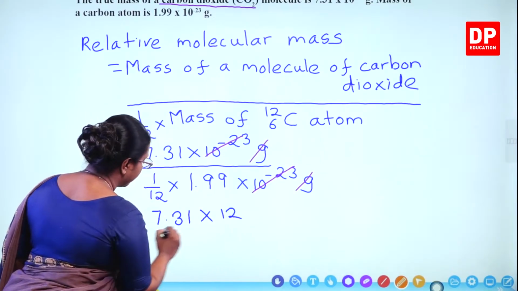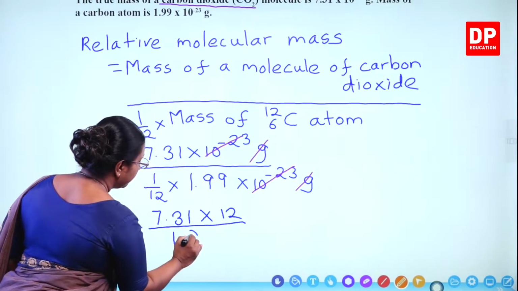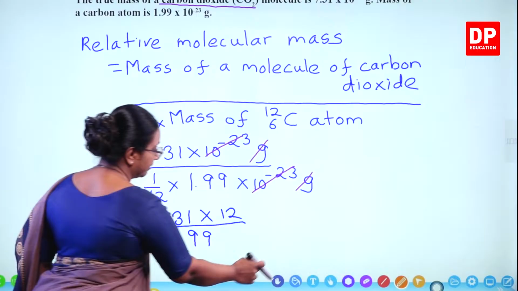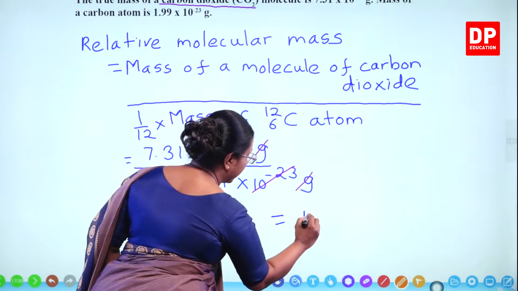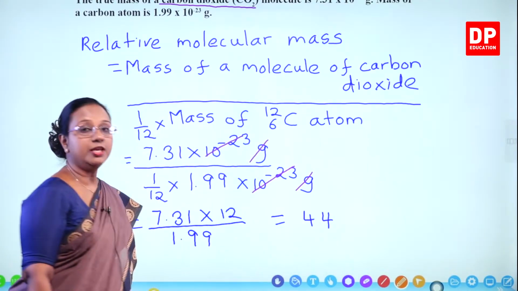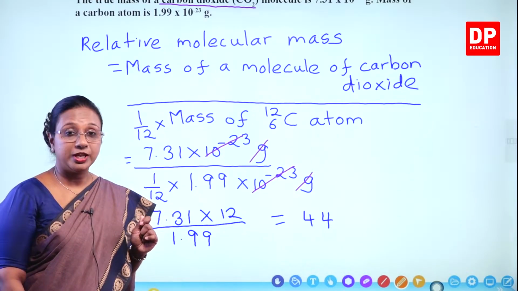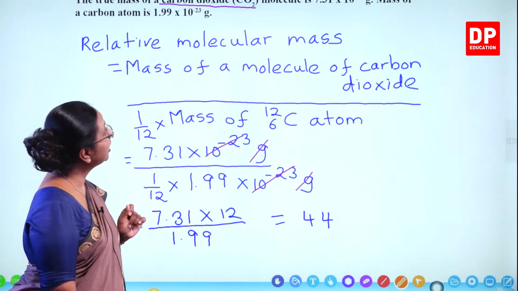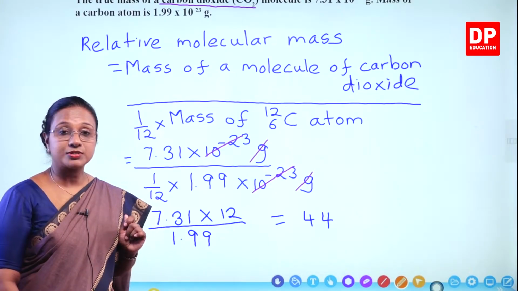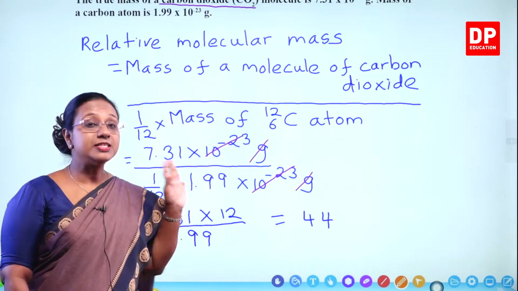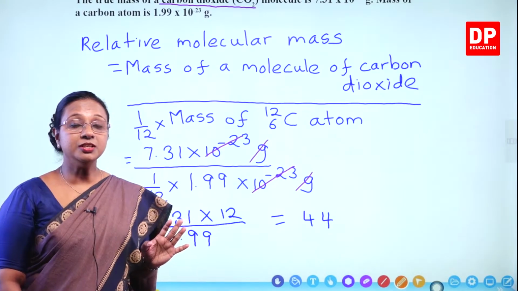So the 12 comes up divided by 1.99. If you calculate the value, you will get the answer as 44. That does not have a unit. So the relative molecular mass of carbon dioxide is 44. So did you all understand how to do the calculation?